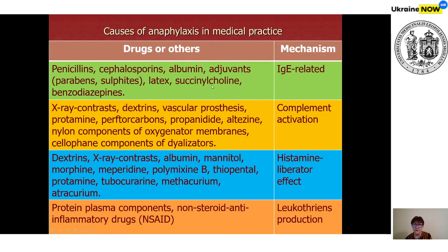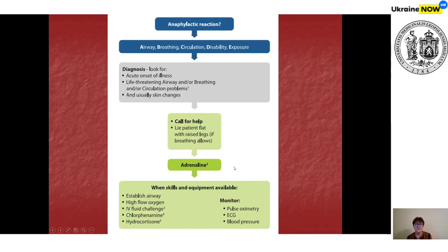These are the causing factors in medical practice and mechanisms of development of anaphylaxis. You can see many medicaments, antibiotics, and such things as latex, X-rays, plasma components, and others.